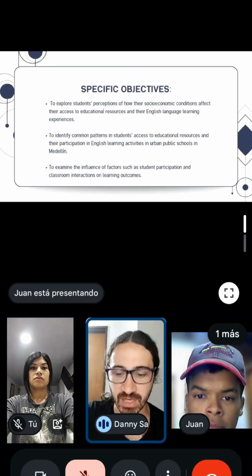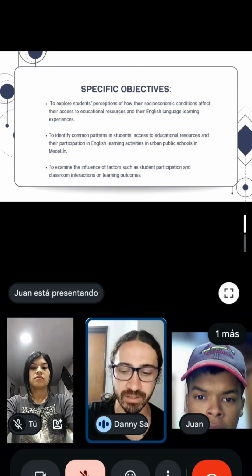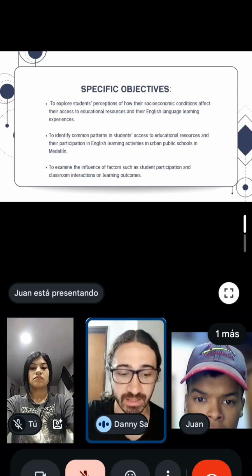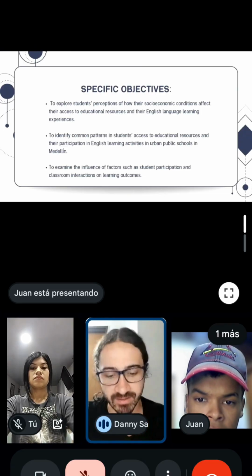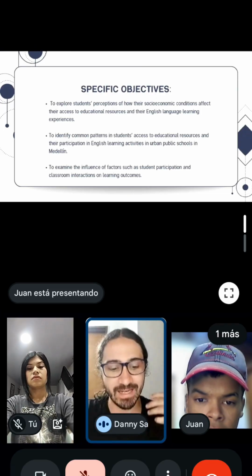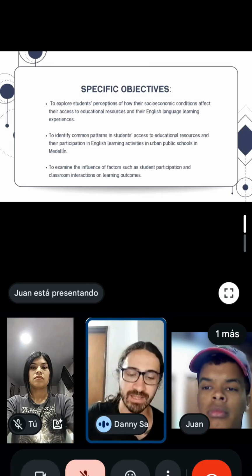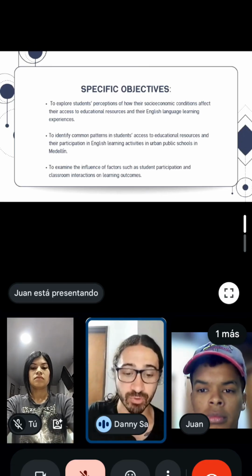Since perceptions are subjective, this verb allowed us to approach them in an open and flexible way without limiting the students' responses.